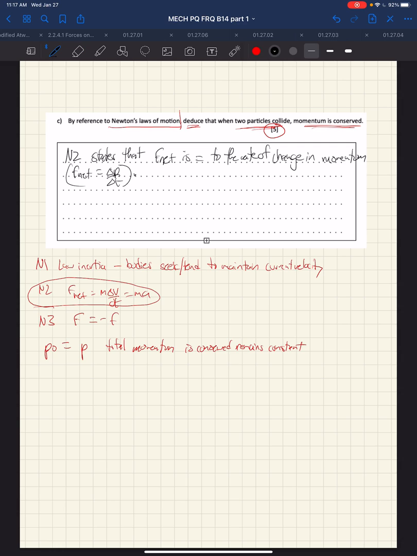Newton's third law states that when two objects collide, the forces the objects experience will be equal in magnitude and opposite in direction.